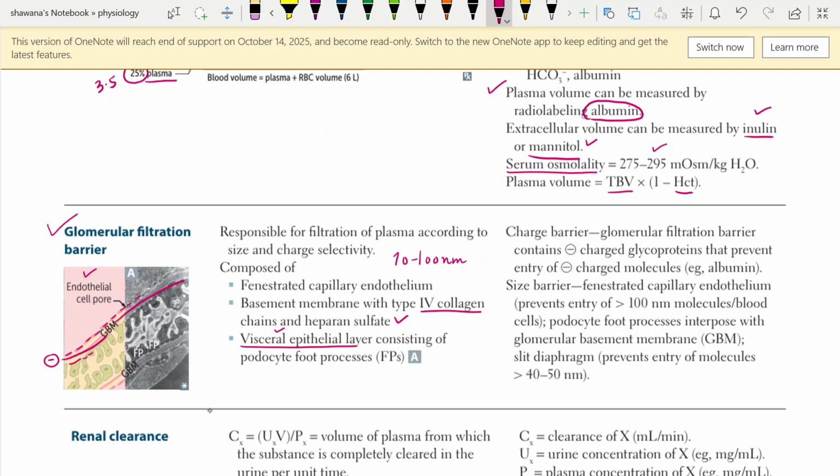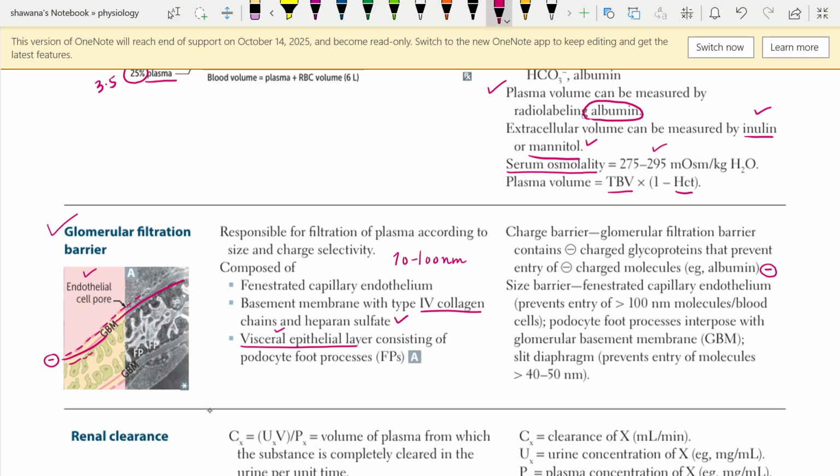It means that albumin can easily pass through this filtration barrier, so the person would suffer from albuminuria. But does it happen normally? No, it does not happen, because albumin is a protein that contains negative charge, and the basement membrane also contains negative charge. So negative charges will repel each other, and we will not see albumin in the urine.